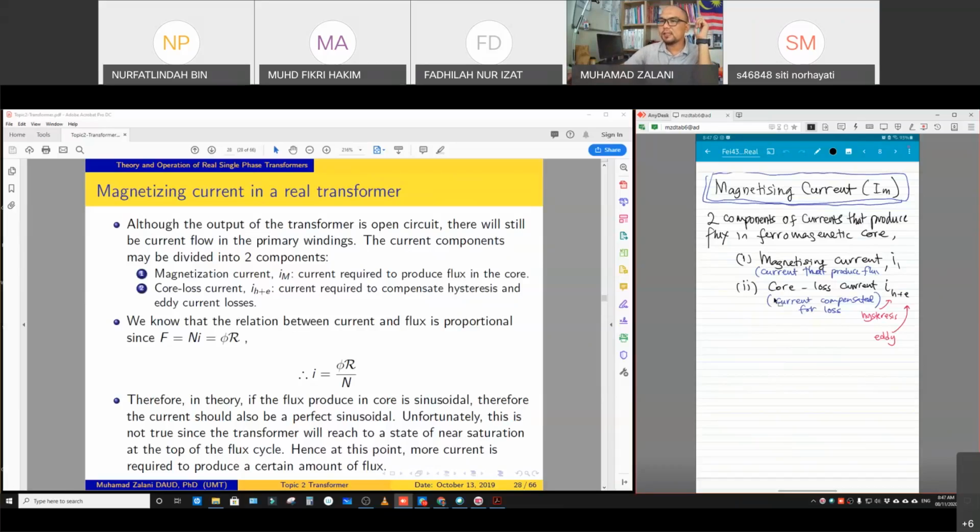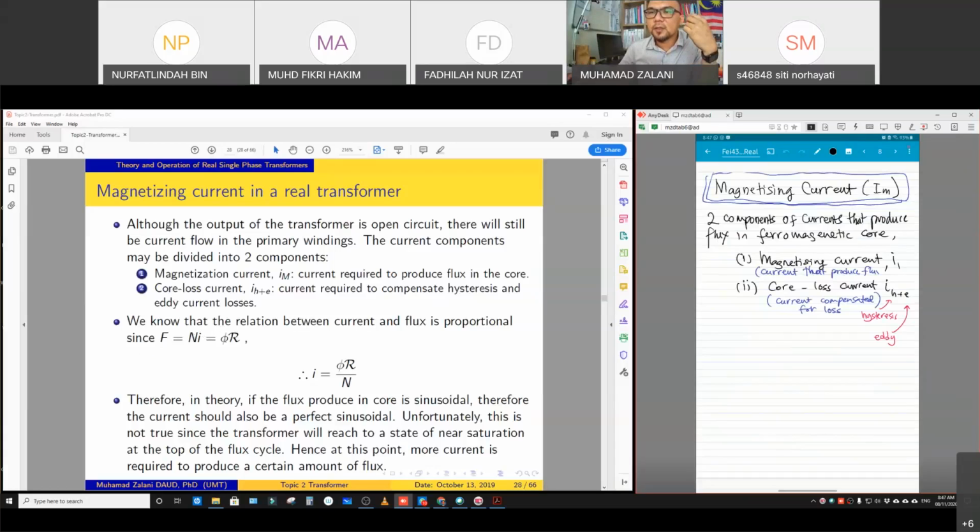So we can use the expression of F, which is MMF equals NI. As you can see in your PDF slides here, F equals NI equals phi R. Remember, for the electric circuit, F is analogous to voltage potential, which equals the number of turns times the current that we supply.